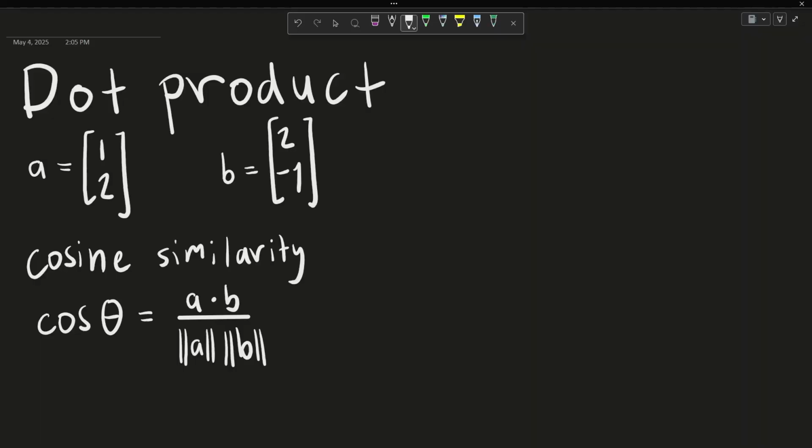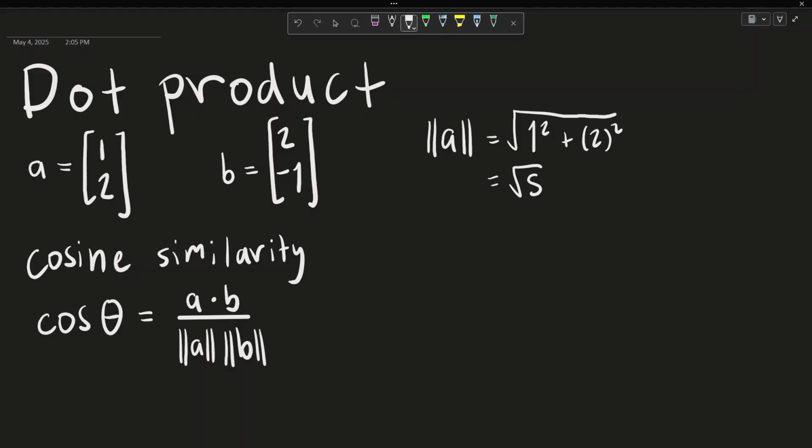If you'll remember from episode 1 of the linear algebra series, we can obtain the magnitudes of A and B using the Pythagorean theorem. First we'll find the magnitude of A. We know that the magnitude of A is equal to the square root of 1 squared plus 2 squared, which is equal to the square root of 5.